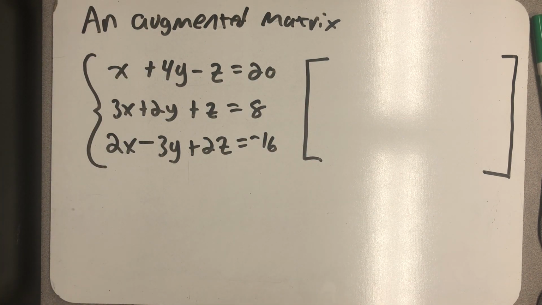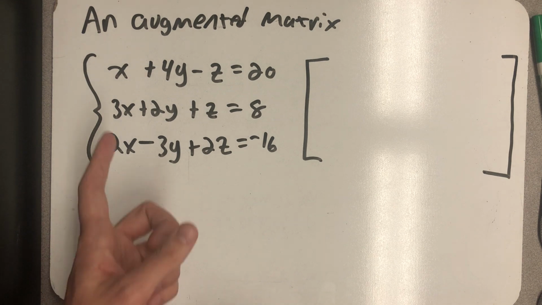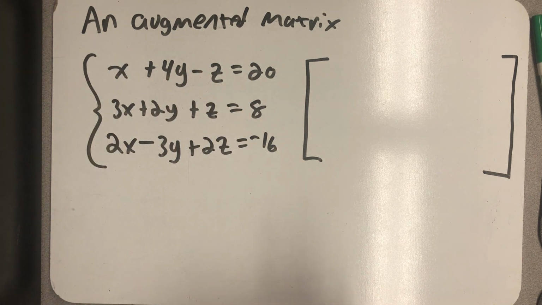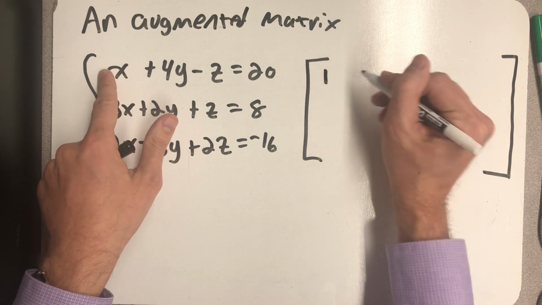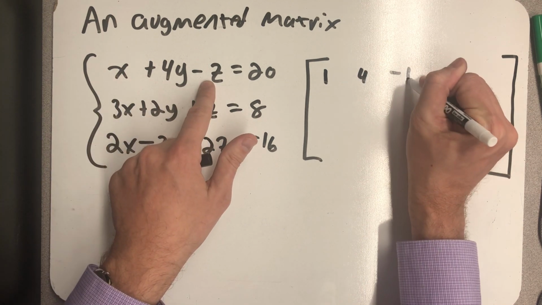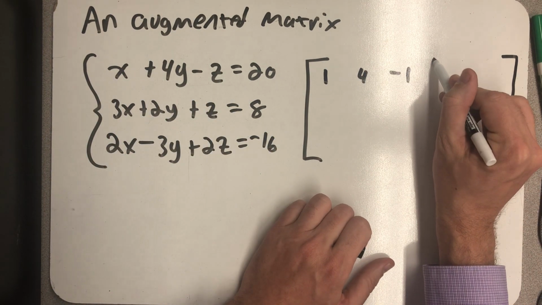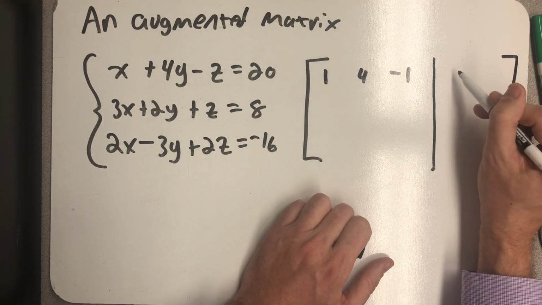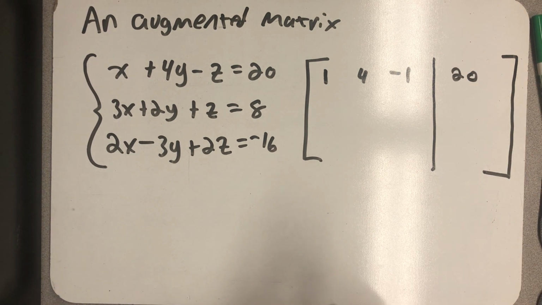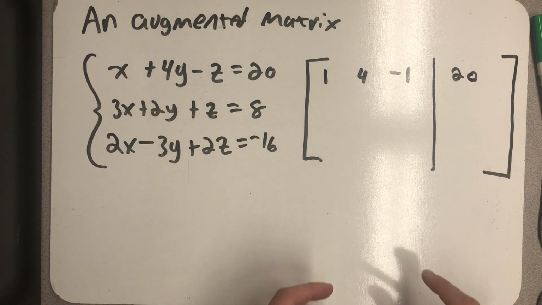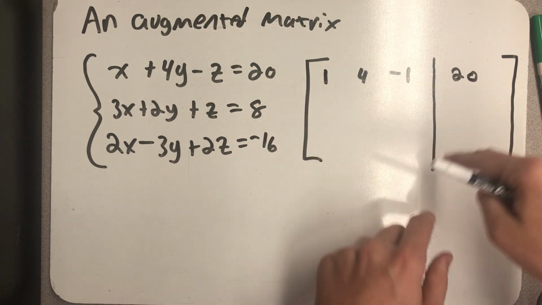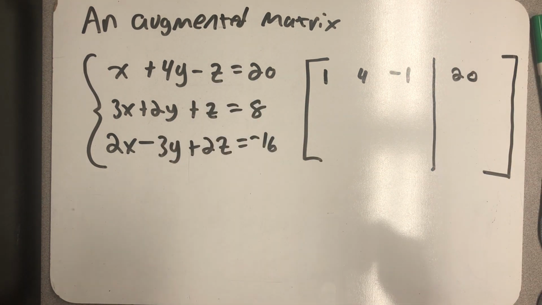My augmented matrix is what I get when I write down just the coefficients of the variables. So I have 1, 4, minus 1 is equal to 20. And so I draw a line here, and this is why we call it an augmented matrix. The line tells my reader that these are the coefficients of the variables, and this last column is for what the equation was equal to.